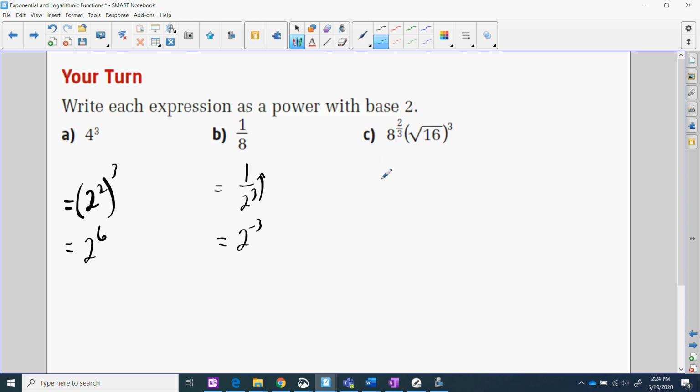Now this one obviously has got a little bit more involved in it. Let's take 8 first, change it to a power of 2. 2 cubed to the exponent 2/3. Instead of square root, I'm going to use the exponent 1/2. Or actually, I could just do the square root of 16. Let's keep going this way. So I'm going to go 16 is 2 to the 4th.